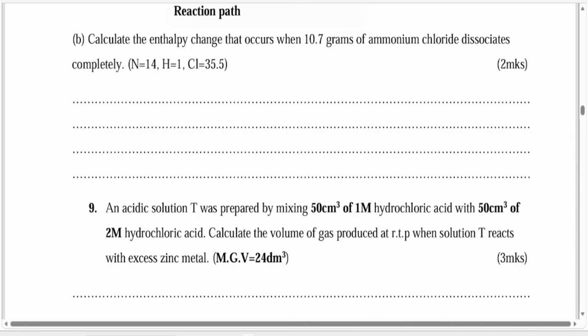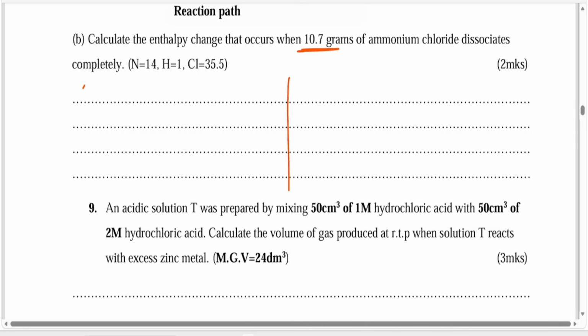We determine the total moles of ammonium chloride. We are already given the mass of ammonium chloride. So in this case, we can determine the moles of ammonium chloride in 10.7 grams of ammonium chloride.